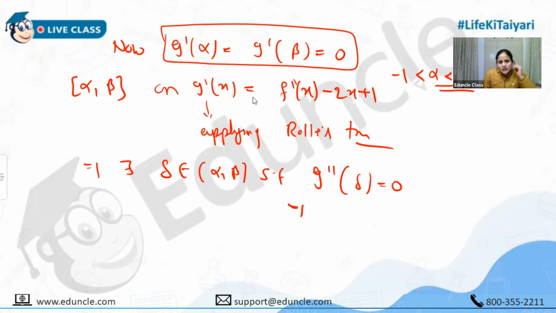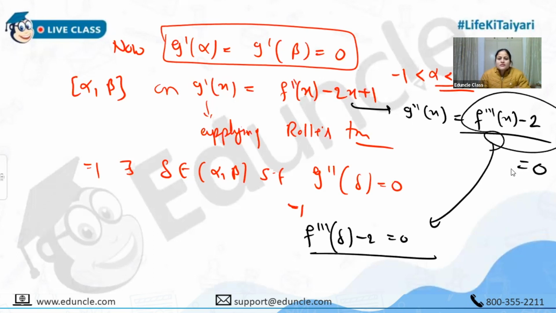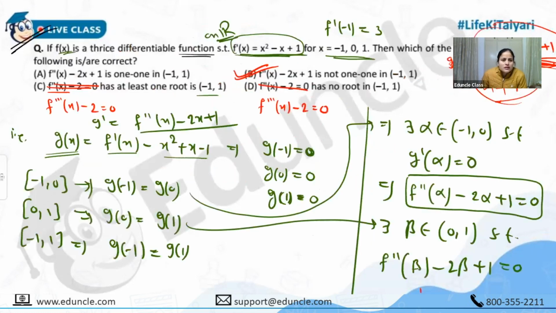If you take the derivative of g dash, you get g double dash, which is f triple dash minus 2. So I have f triple dash at delta minus 2 is equal to 0. So yes, this equation has a root between minus 1 and 1. It has at least one root in this interval. Yes, option C is correct.